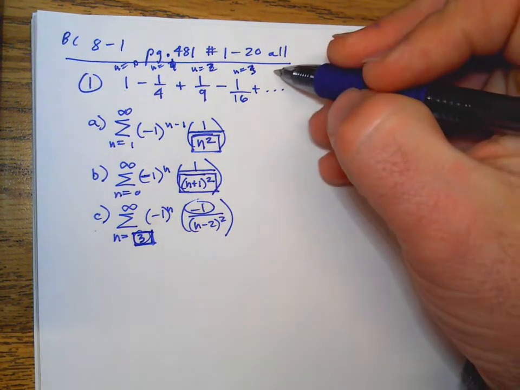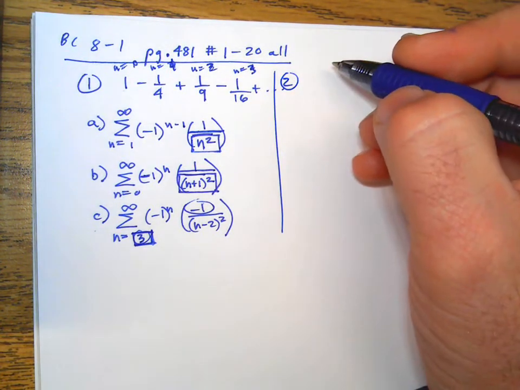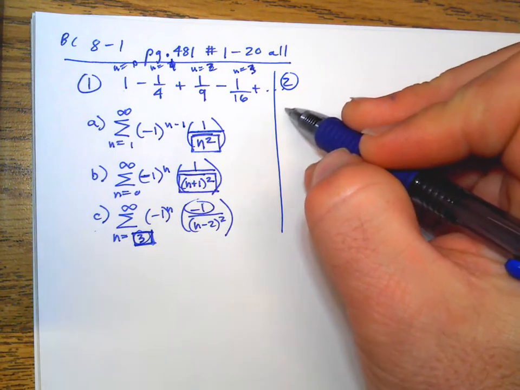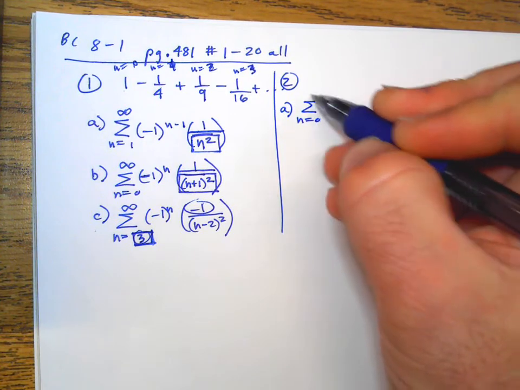Number 2 says write an expression for the nth term, and they're calling it a sub n. So A, they give this to you. You should write this down.